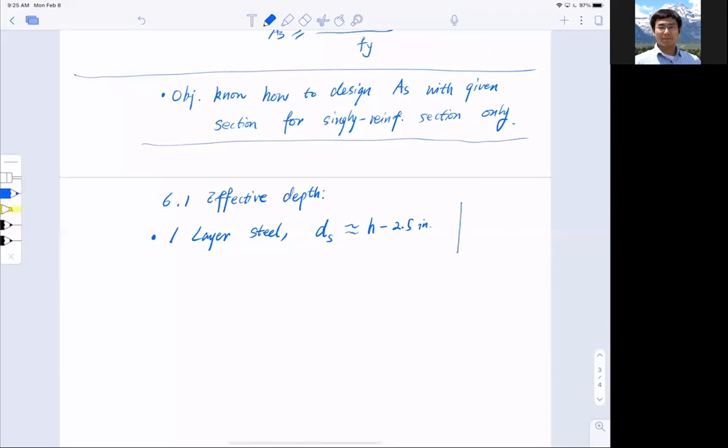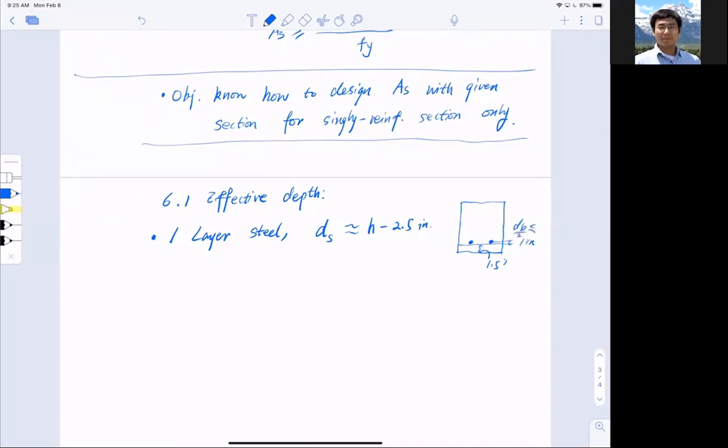If I have a section and I have a bottom layer of reinforcement right here, and I assume the clear cover to the edge of the bars is 1.5 inch, then I estimate roughly there's less than 1 inch of spacing between the edge of the bar to the center of the bar. So db should be smaller or equal to 2 inches, right?